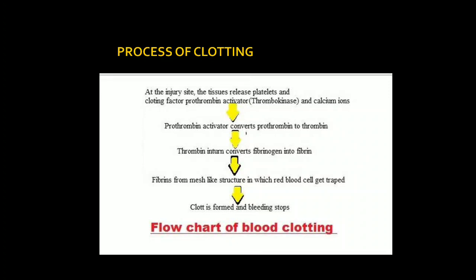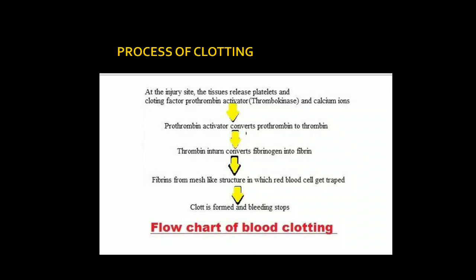So wherever the injury occurs, what is released? Platelets, thrombokinase and calcium ions. What is thrombokinase, children? A prothrombin activator. Why is it said like this? Because prothrombin is in an inactive state, but whenever an injury occurs, this prothrombin activator will change prothrombin into thrombin.